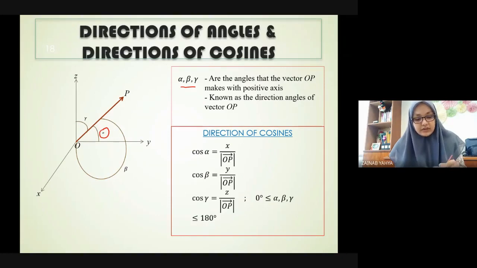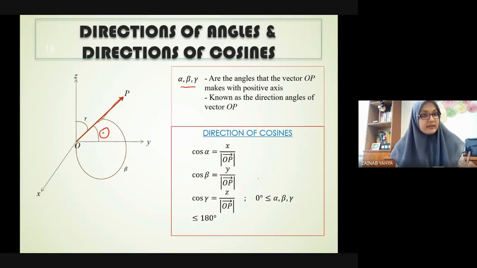Alpha is on the x axis. So for cos alpha, it is x over OP, the magnitude of OP, the hypotenuse. For cos beta, y over the magnitude of OP. For cos gamma, z over the magnitude of OP.